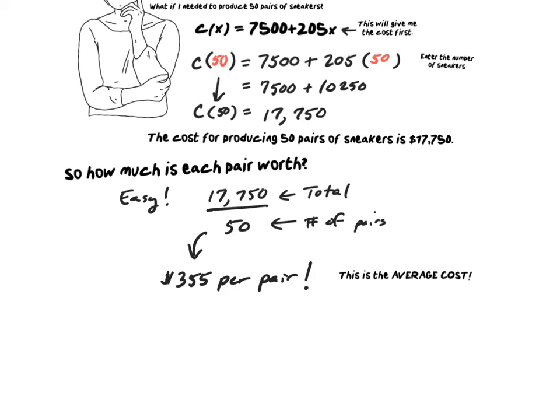Even though this is very specific because I only focused on how to find the average cost of 50 pairs, the main idea is we have to understand how much it will cost for all 50 pairs and then divide it by 50 pairs. So what if I were trying to find a function and I didn't know how many pairs? I just wanted to know what function will calculate all of this every time.